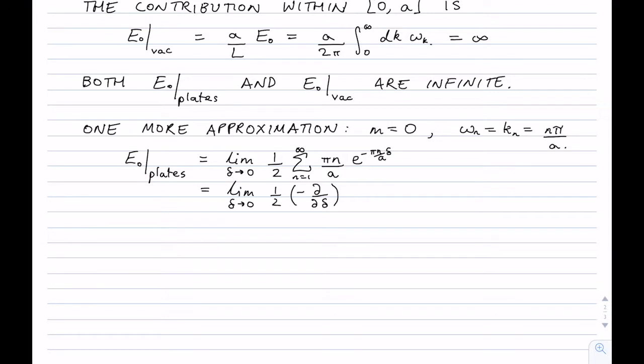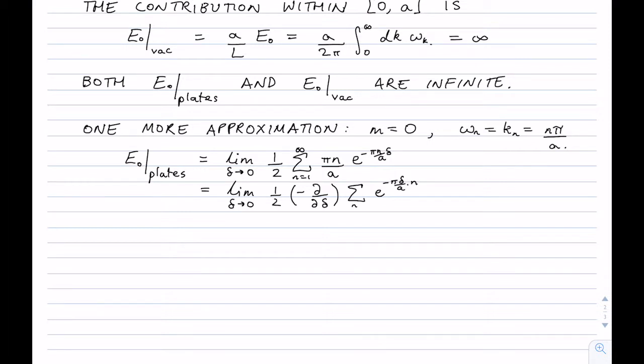And so then I'm going to integrate this term on the right. If I integrate that with respect to delta, I just get e to the minus pi delta n over a. I've switched the delta and the n in the exponent just to clarify things a little bit. And so you can see that if I take the derivative with respect to delta of each term, I get back to what I'm supposed to get.